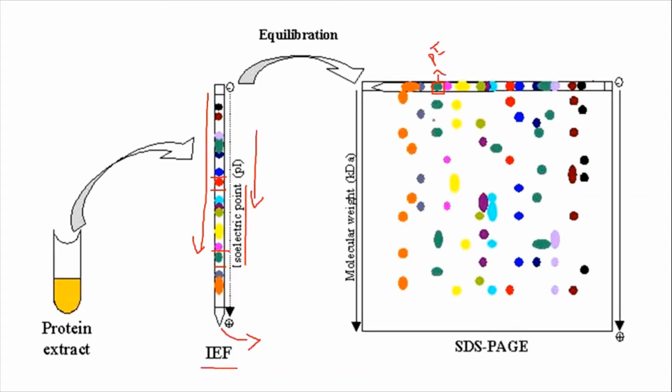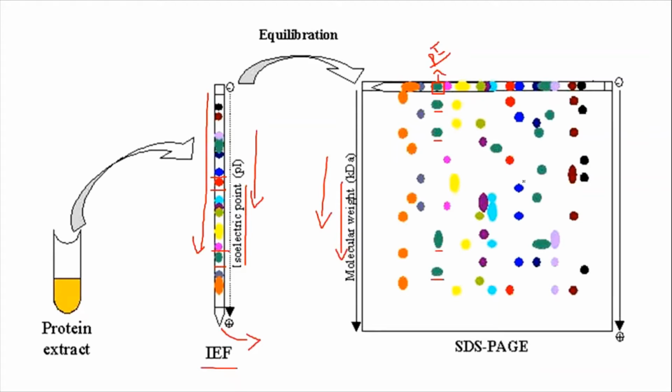Maybe it contains 4 proteins: this is the large size, this is smaller, this is the medium size, this is very small. So small size migrates very fast. But consider these 4 proteins, the pI is the same. This is the second dimensional separation based on the SDS-PAGE principle.